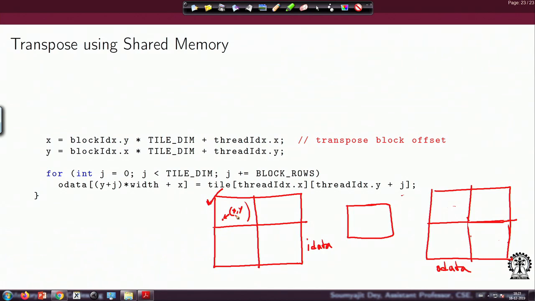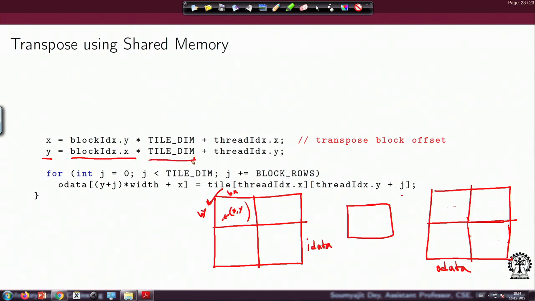Now, the way we have derived it is, we had a block id x and a block id y, and then inside it I have an offset of thread id x and thread id y. So, the first thing I have to do is flip the block. That would mean whatever was my original block id x should now become my new block id y. That is why when I am calculating the new y value, I do block ID x times the tile dimension.